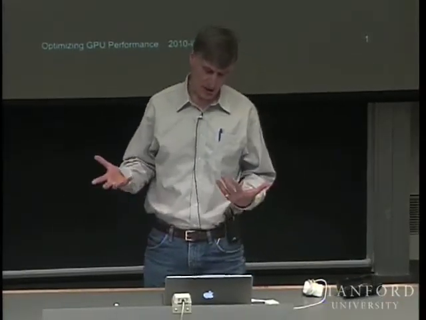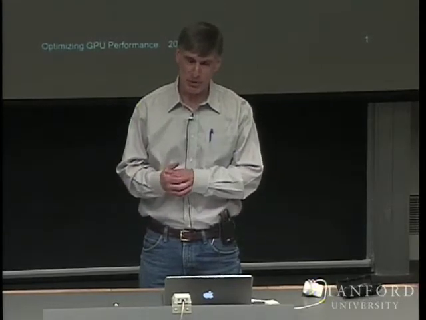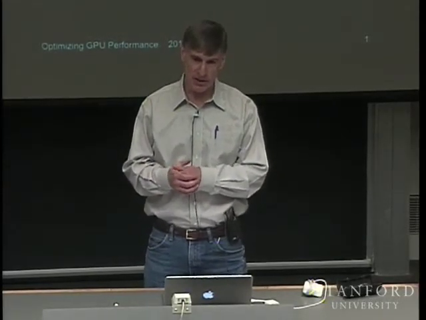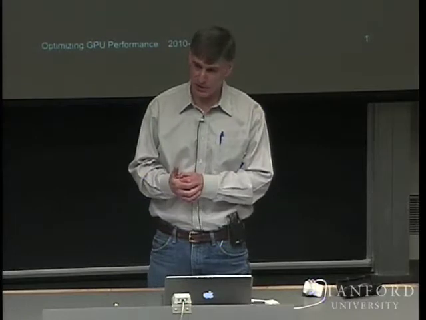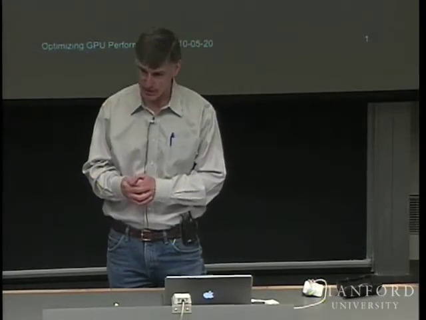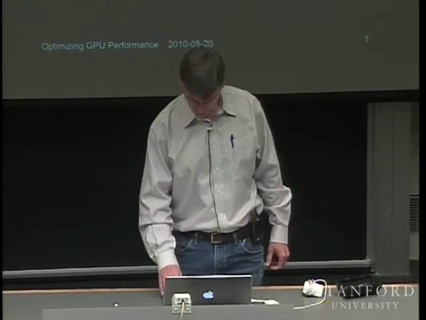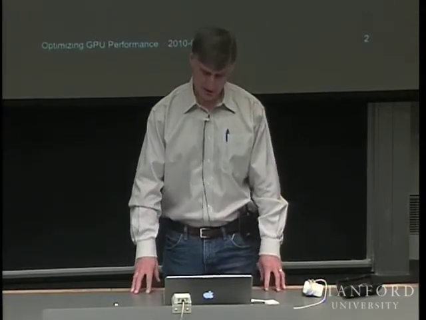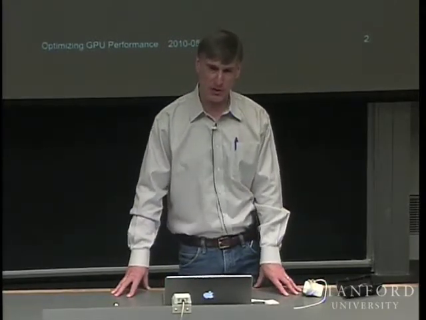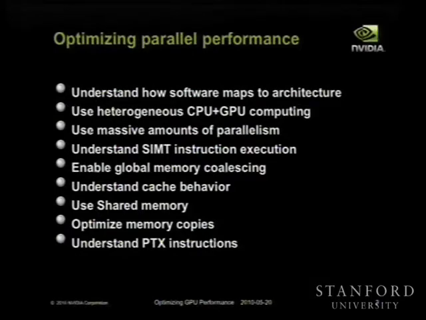I think the key to optimizing performance is to really understand the architecture or the platform that you're running your application or your program on. So the first thing I like to ask people to do is understand very clearly how your application maps onto the architecture in question.